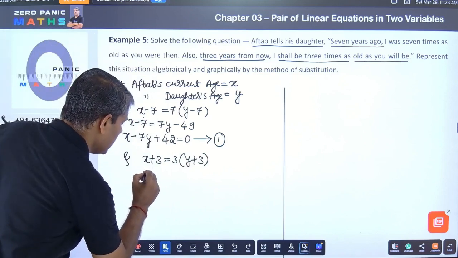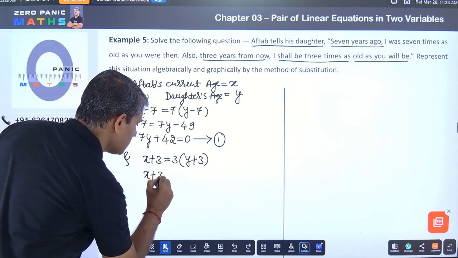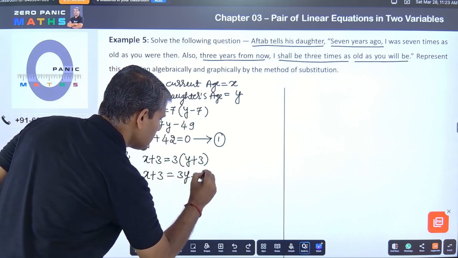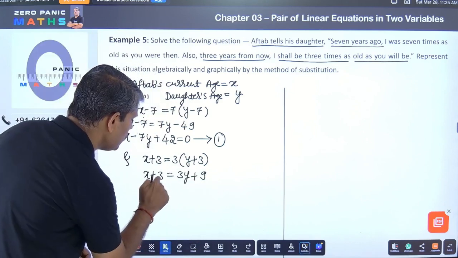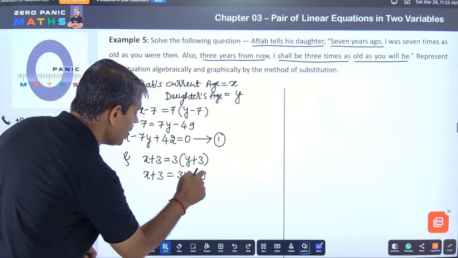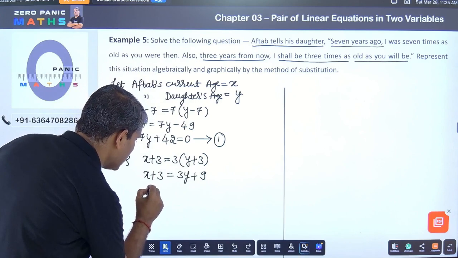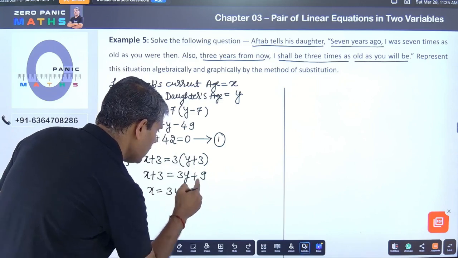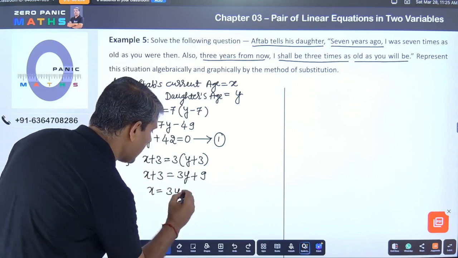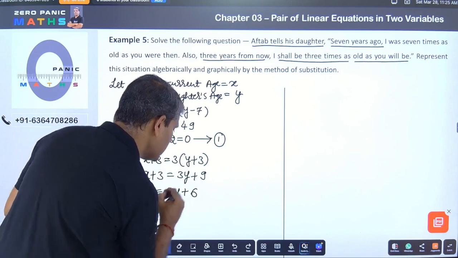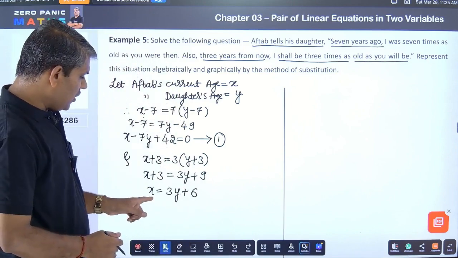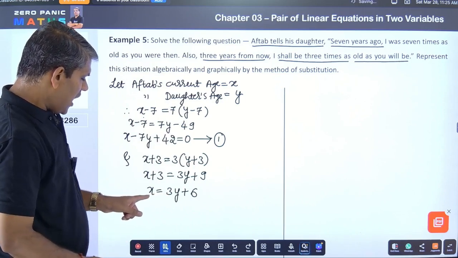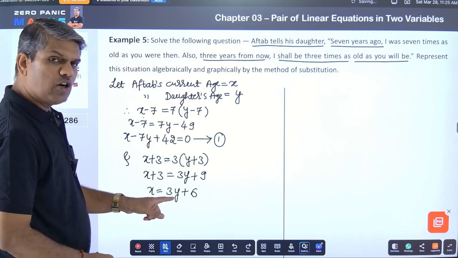Let us resolve this. x plus 3 is equal to 3y plus 9. Let us move this 3 to the right side. That will give us x is equal to 3y plus 9 minus 3, which is 3y plus 6.